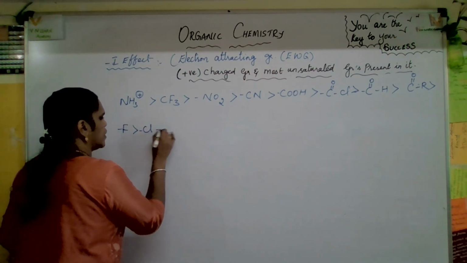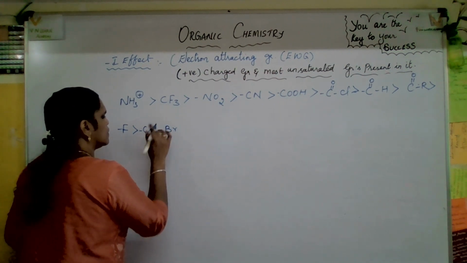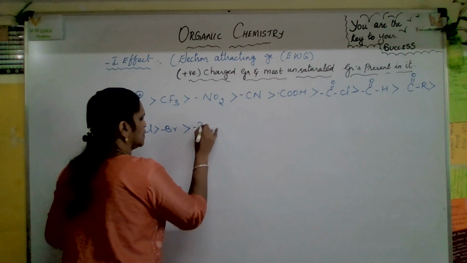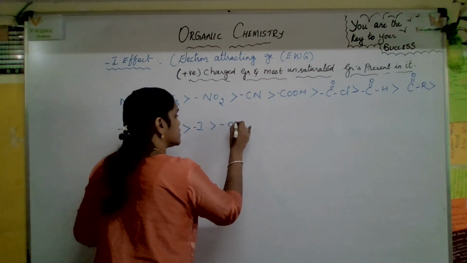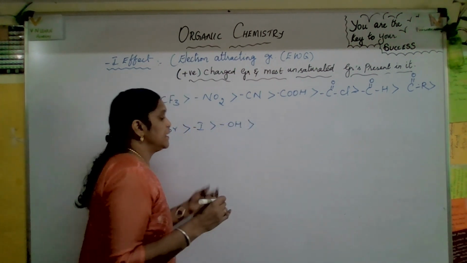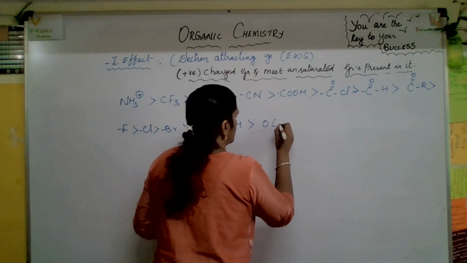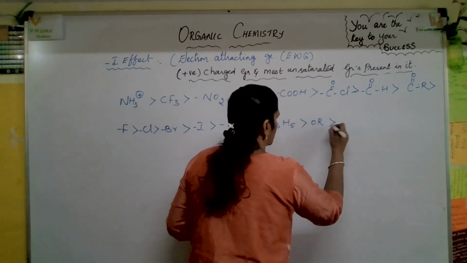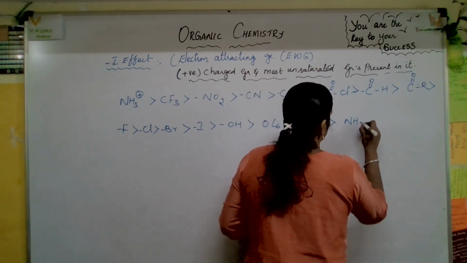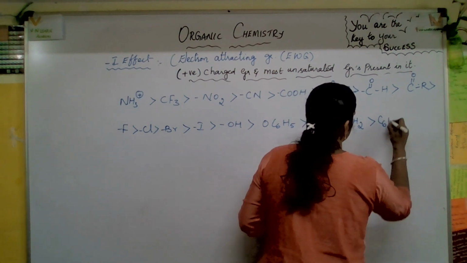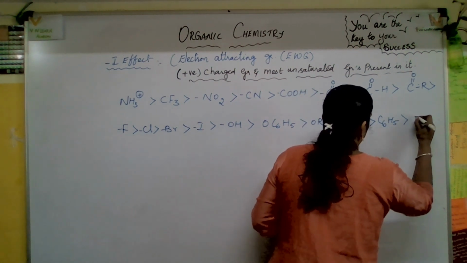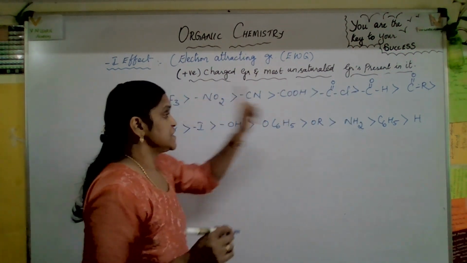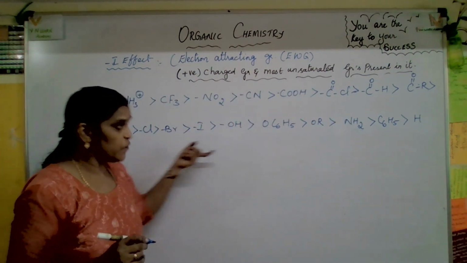Fluorine, chlorine, bromine, and iodine, and alcohol OH is greater than OC6H5, which is greater than OR, which is greater than the amino group NH2, which is greater than C6H5, which is greater than hydrogen. Now we can clearly know which is the most and which is the least.